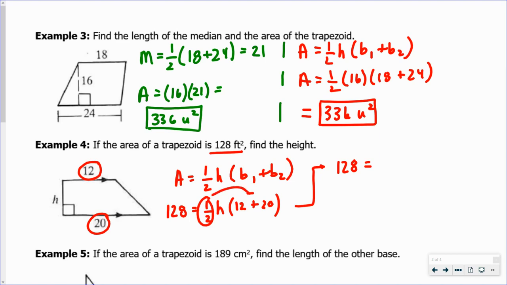So 12 plus 20 is 32, and 32 times a half is 16. So that's going to give us 16h. We'll divide both sides by 16, and h ends up being 8. And we know that the original area was in square feet, so the height in this case is 8 feet.